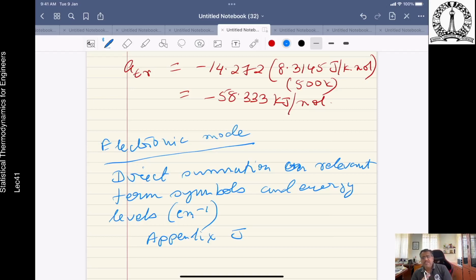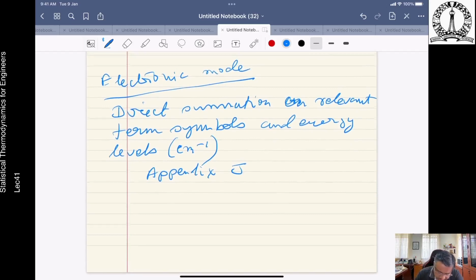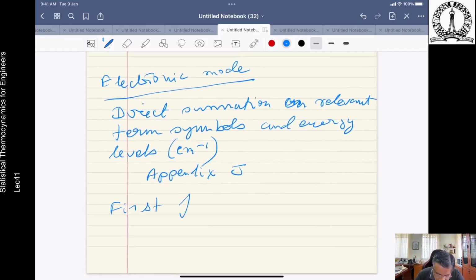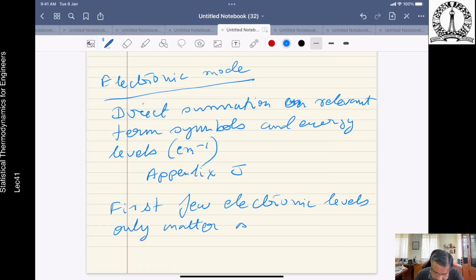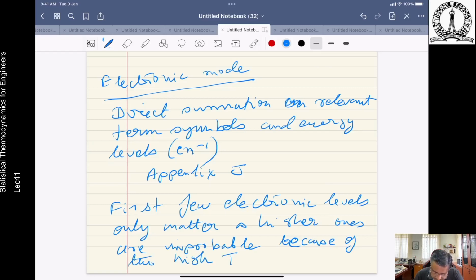In most cases, the first few electronic levels need to be considered, because higher excited levels at typical temperatures are almost improbable. So only the first few electronic levels matter, as the higher ones are improbable because of the high temperature requirement.